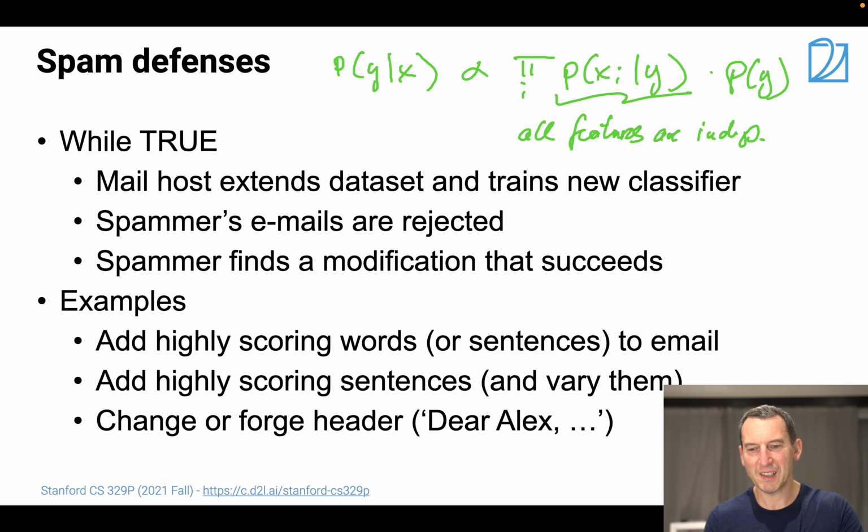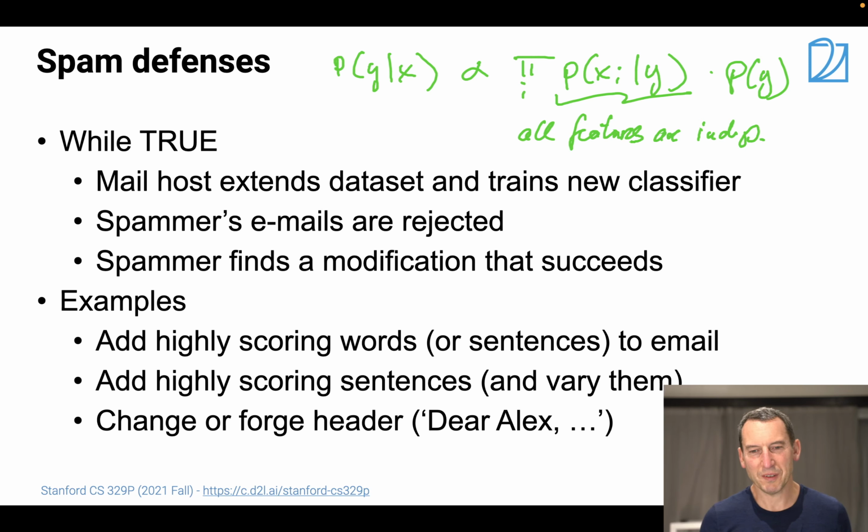Now, this is clearly not the case, but if you make that assumption, then you get a very quick and easy to train classifier. I would not recommend that you use it, but once upon a time, this used to be a quick and easily implementable solution for a software engineer.